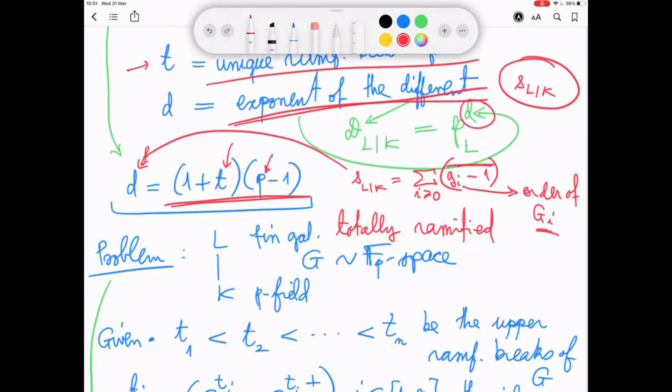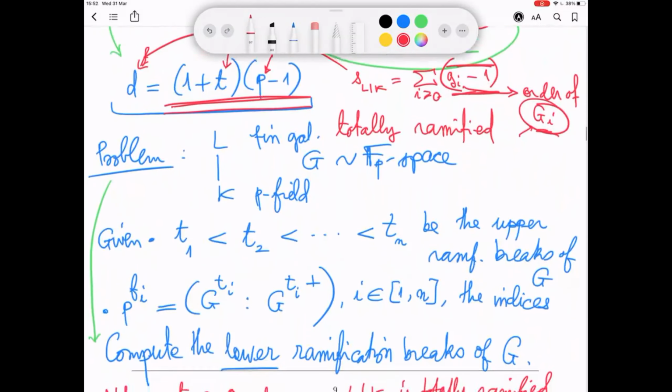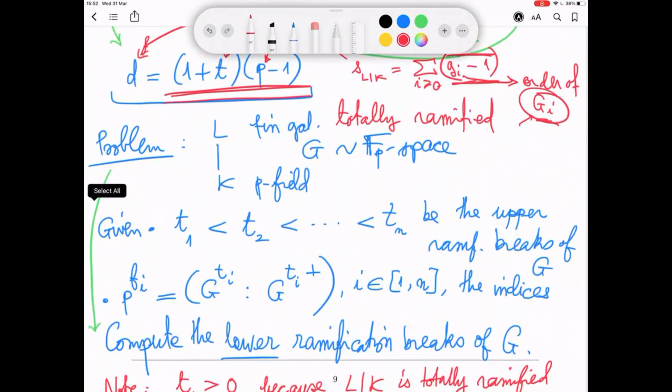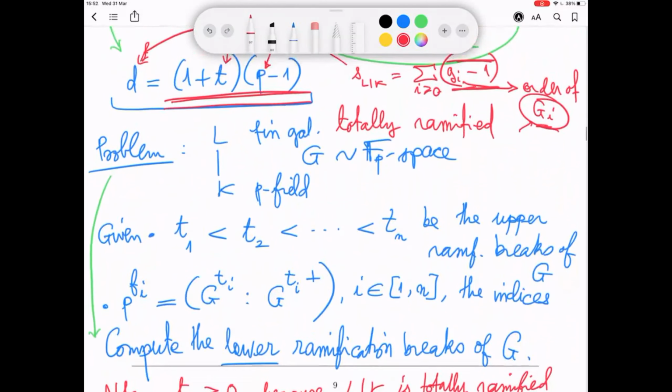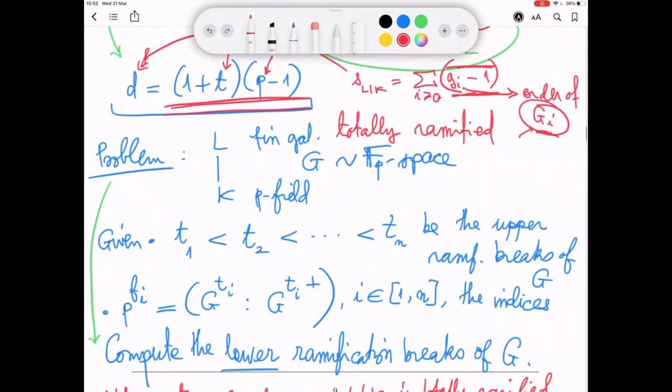All these G_i are either equal to the whole group C, in which case the order is p, or they are trivial, in which case |G_i| - 1 is 0 and there is no contribution to the sum.